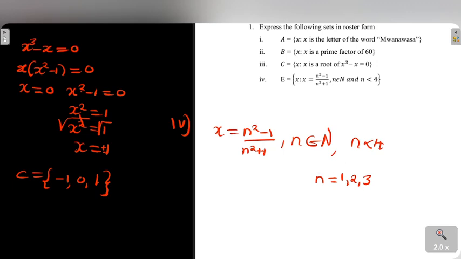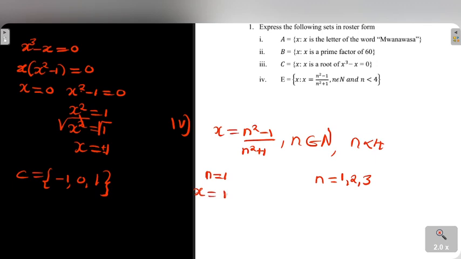So here you have n equal to 1, 2, 3, because remember natural numbers are counting numbers, that is 1, 2, 3, going up, but we are listing those natural numbers that are less than 4. So just have 1, 2, and 3. So given that, since we have our equation, you substitute. You're going to say for n equal to 1, what will be x?